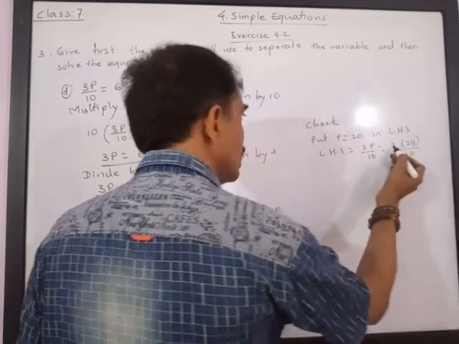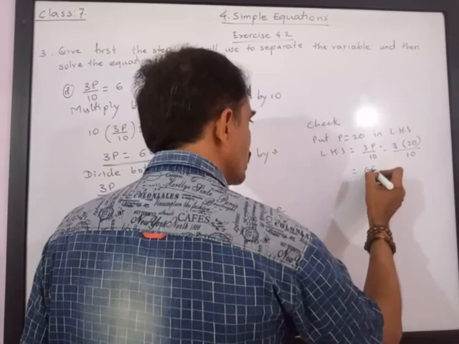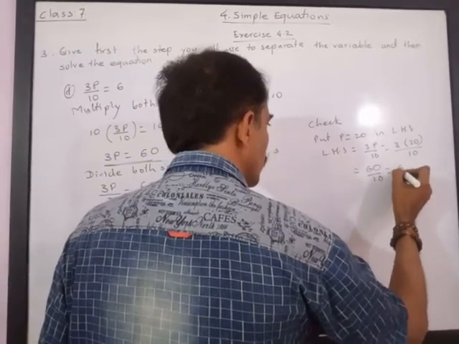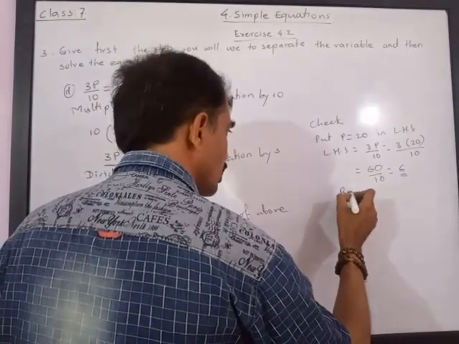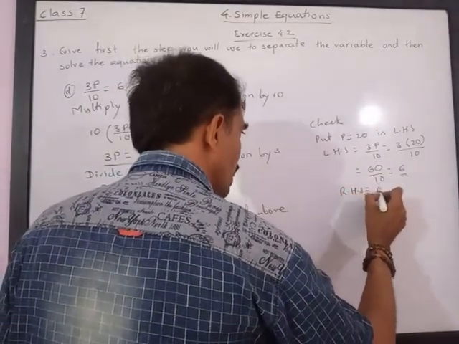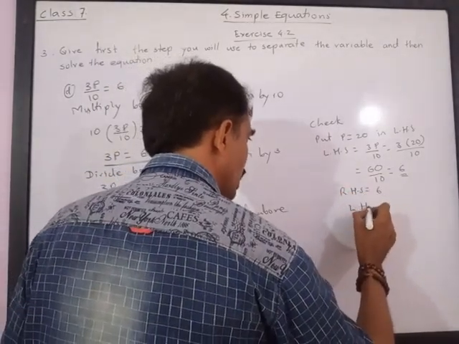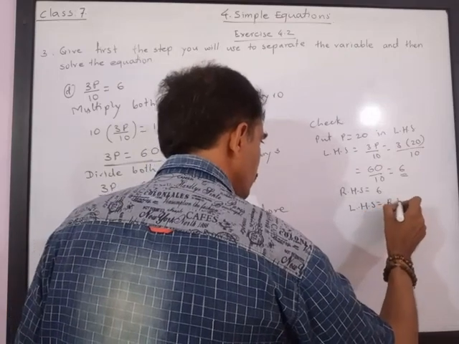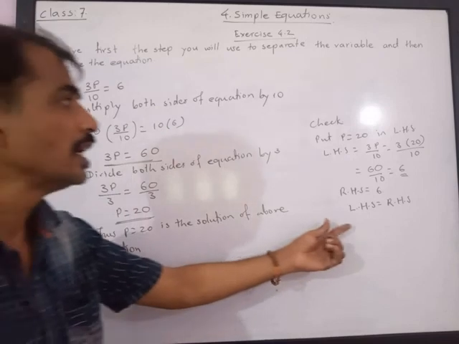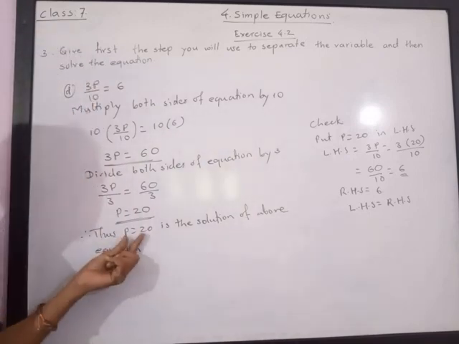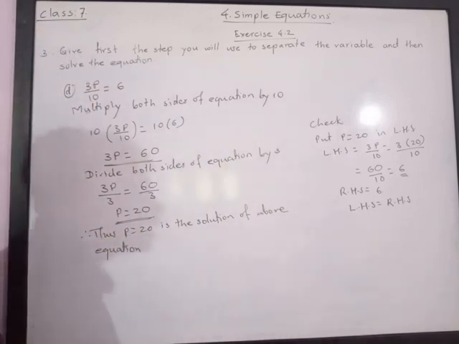It means 3 2s are 6, that is equal to 60 divided by 10 is equal to 6. So RHS is also 6. It means LHS is equal to RHS. From this it is clear that p is equal to 20 is the solution of the given equation.